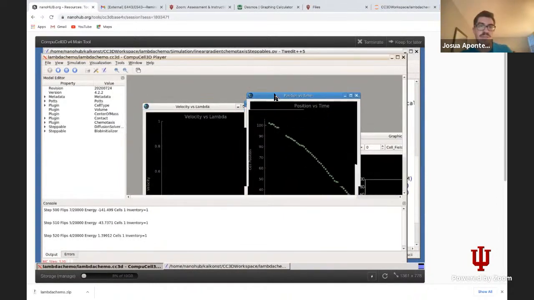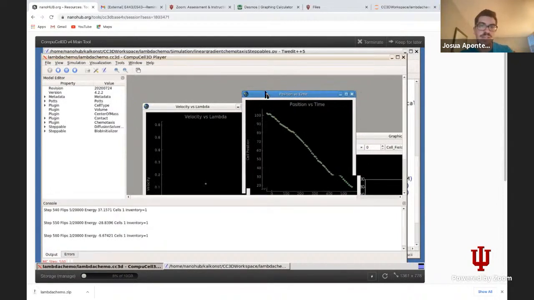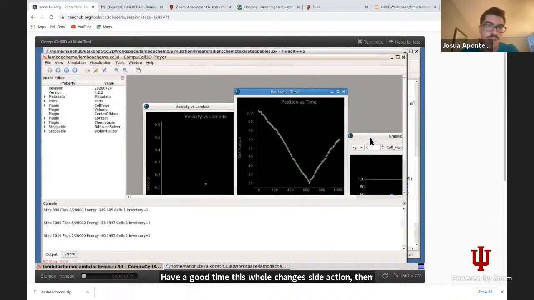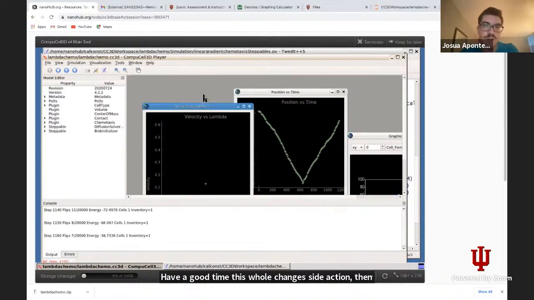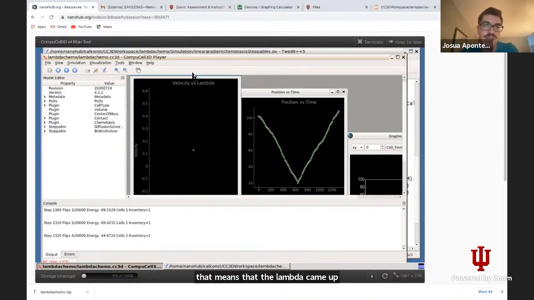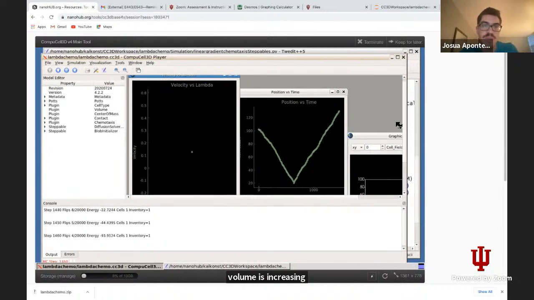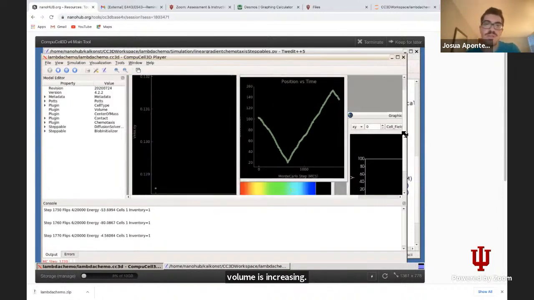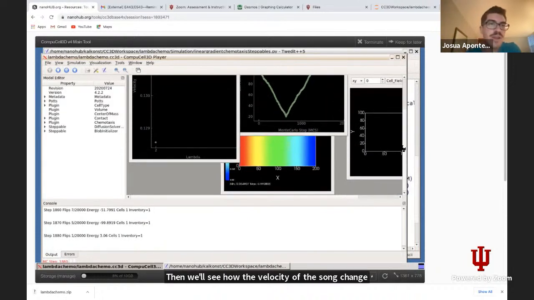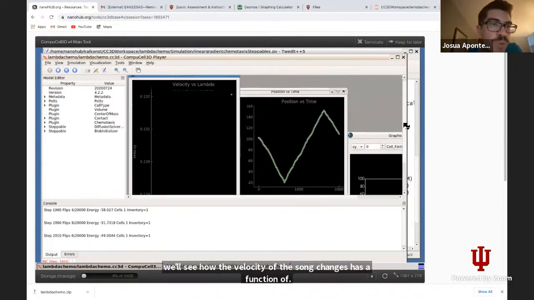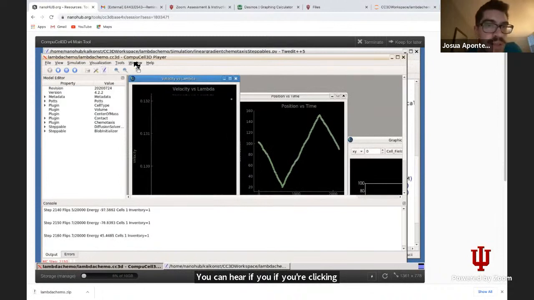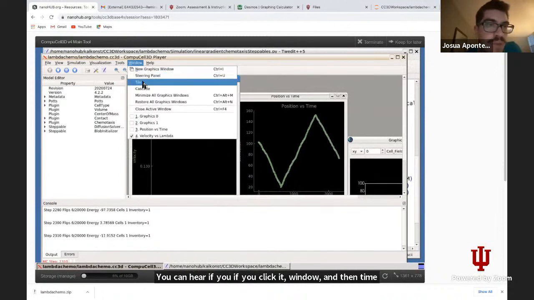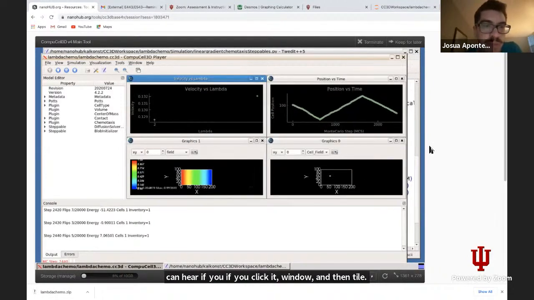So right, every time the cell changes direction, that means the lambda volume is increasing. Then we'll see how the velocity of the cell changes as a function of it. If you click in Window and then Tile, that will format the windows for you.